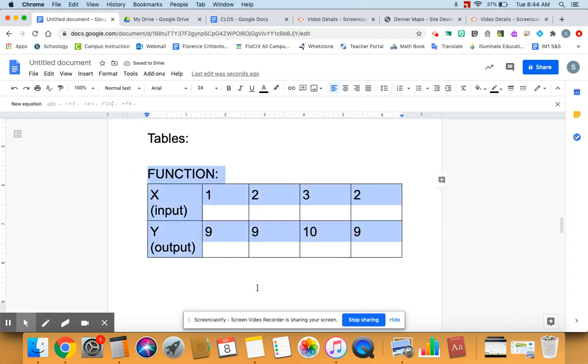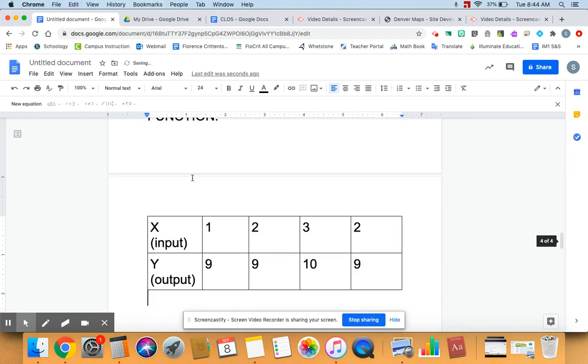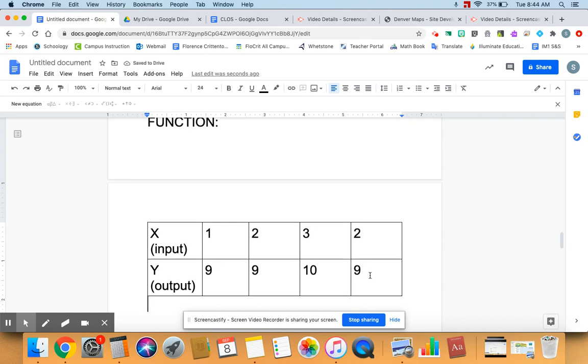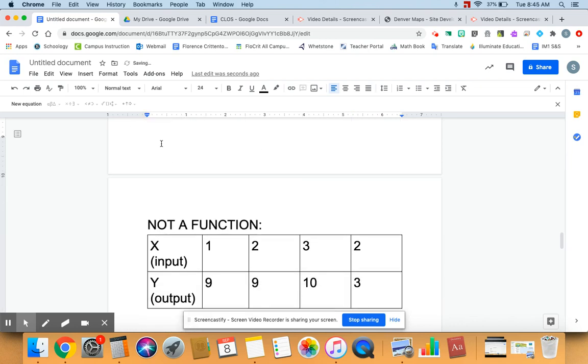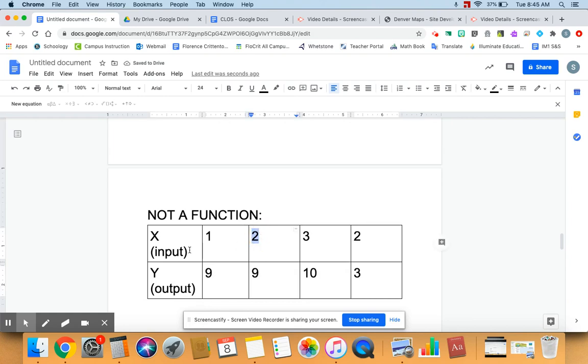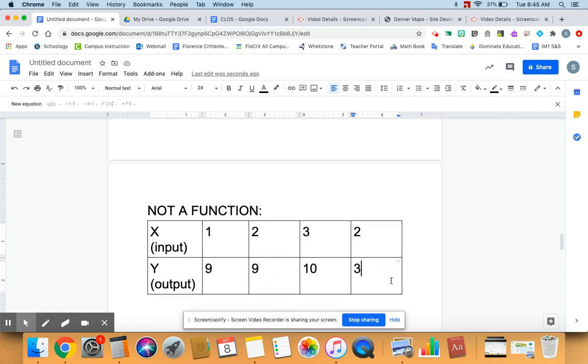If I took the exact same table, however, and when I put in 2 I got out any other number, like 3, well, now this is not a function, because 2 went in twice. I had 2 x's that were exactly the same, but then I ended up with 2 different answers.